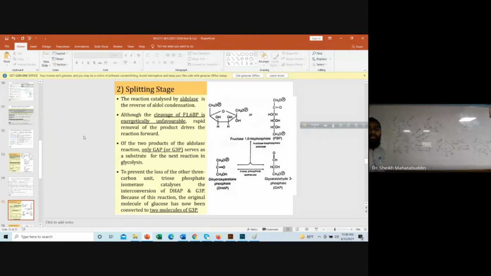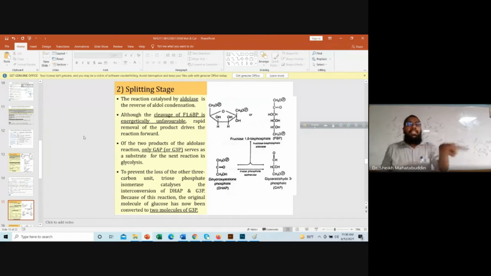And in that state, fructose bisphosphate aldolase enzyme acts on it, and then it is split out. As a result, this stage is known as the splitting stage. And after cleavage of these two, it enters into another process because the phosphate is already there.